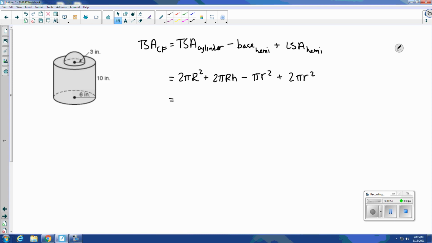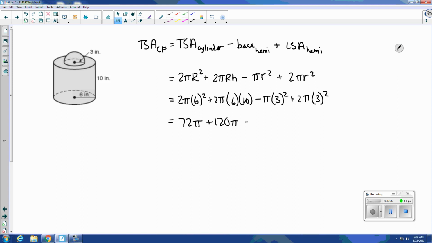Okay, so 2 pi 6 squared plus 2 pi 6 times 10 minus pi 3 squared plus 2 pi 3 squared. We're going to have 36 times 2, 72 pi, 60 times 2 is 120 pi, minus 9 pi plus 18 pi.